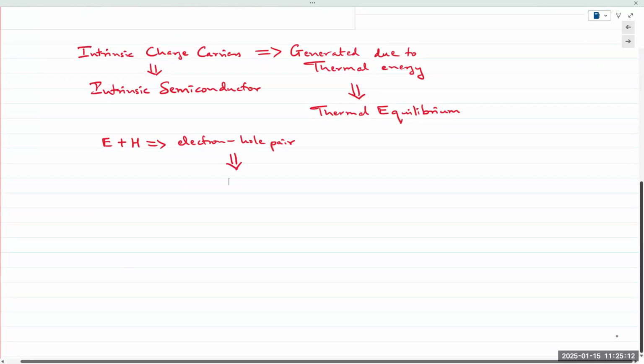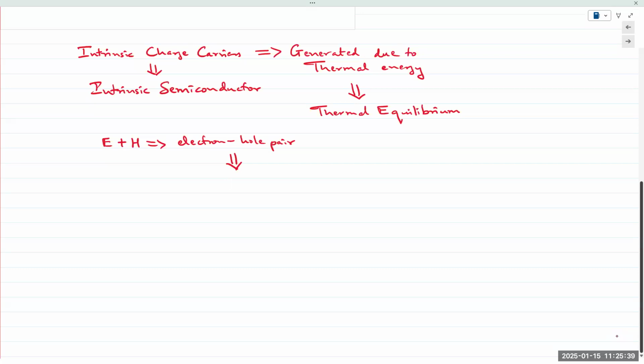oftentimes it also happens that an electron can jump or move into a spot, which we just spoke about, right? If that happens and the movement of that electron stops, obviously if an electron moves into an empty spot, it can keep going further. But let's say an electron moves into an empty spot and then stops, what happens then?